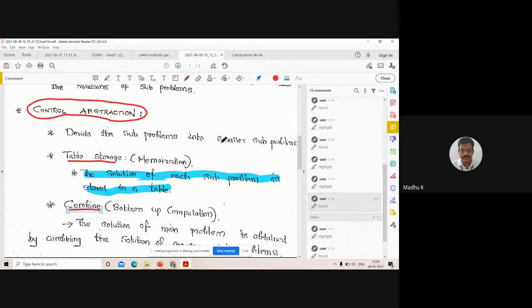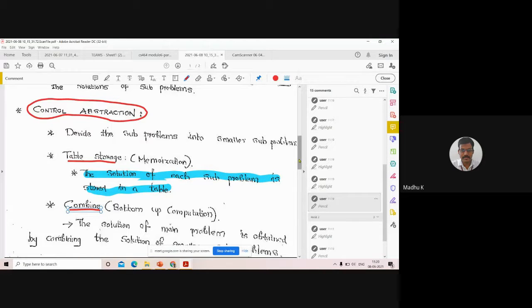Divide the problem into smaller subproblems, then table storage or memoization is needed, the solution of each subproblem is stored in that table, then we combine. This is the format of the dynamic programming approach. A program based on dynamic programming should include these 3 components.